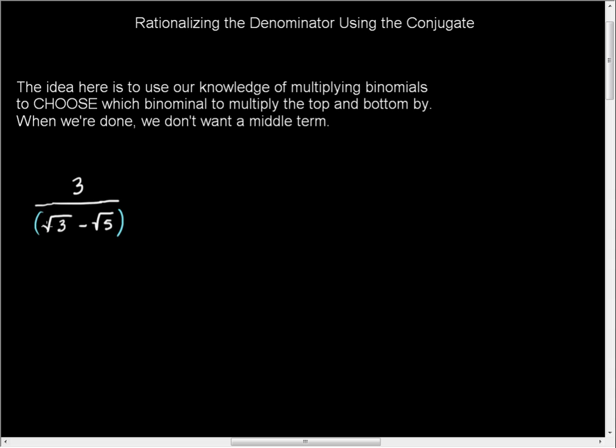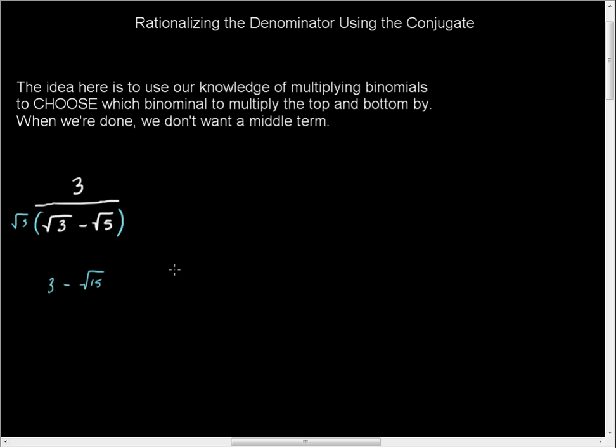Well, if I multiply by a radical of 5, then I'd get radical 15 minus 5. That would do it, except that we still have one radical underneath. Likewise, if I were to multiply by a radical of 3, then the radical of 3 times radical of 3 is the radical of 9, which is 3, and then we would combine underneath to get the radical of 15 again.